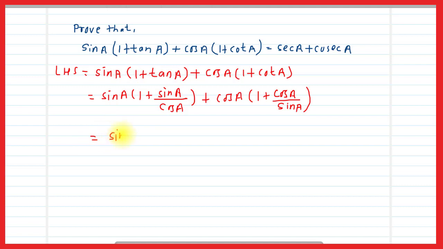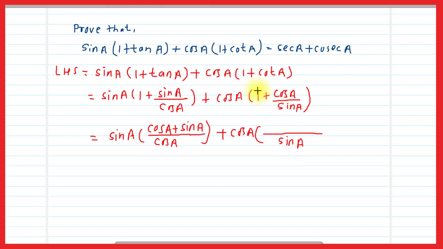So it is sin a into bracket LCM will be cos a, and here you will multiply by cos a, so the numerator will be cos a plus sin a, close the bracket, plus here cos a inside the bracket, here denominator will be sin a, multiply here by sin a, so it will be sin a plus cos a, close the bracket.